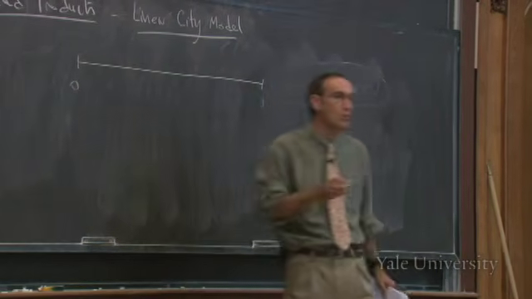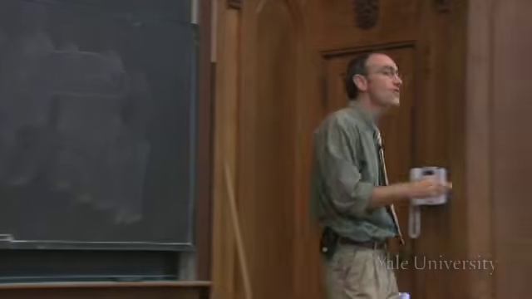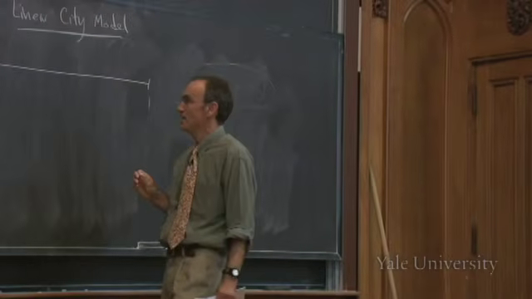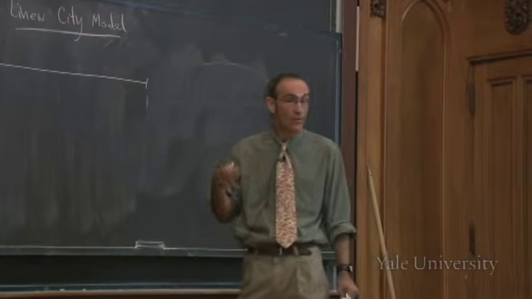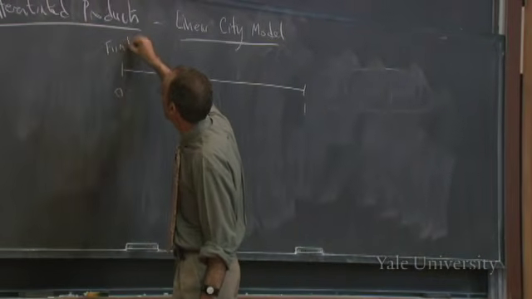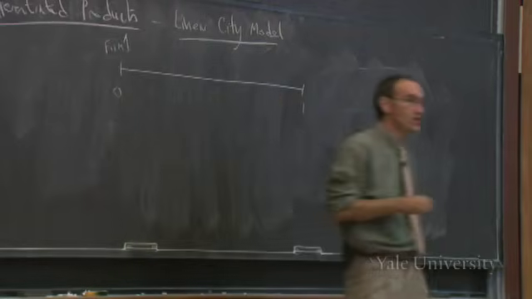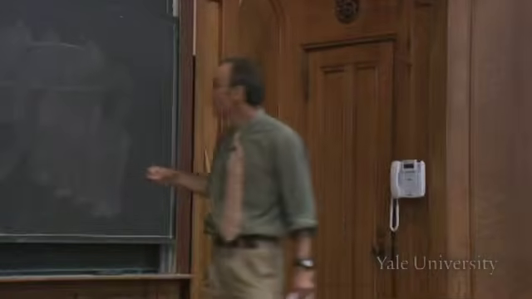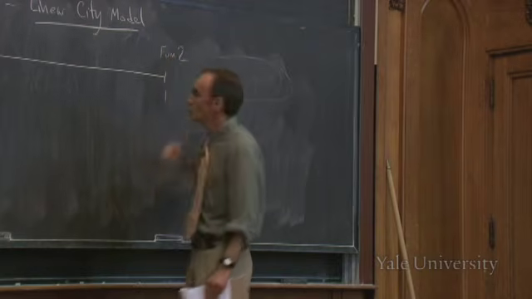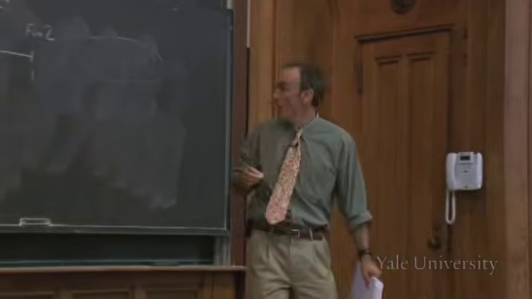We're going to assume that consumers are evenly spread along this city. There are basically consumers everywhere, evenly distributed. And we're going to assume that one of these firms, let's call it firm 1, sits at point 0, and the other firm, firm 2, sits at point 1.